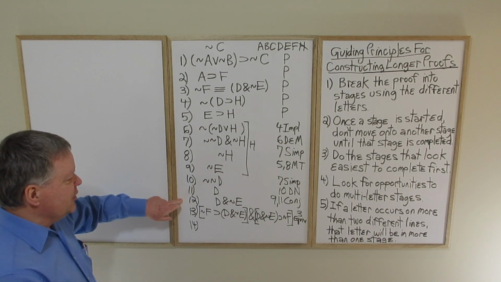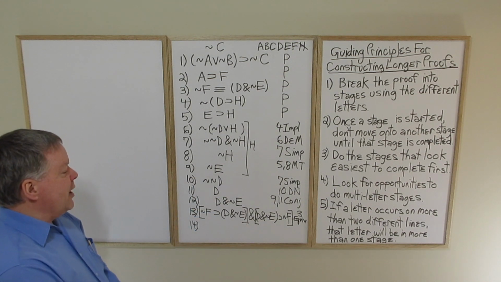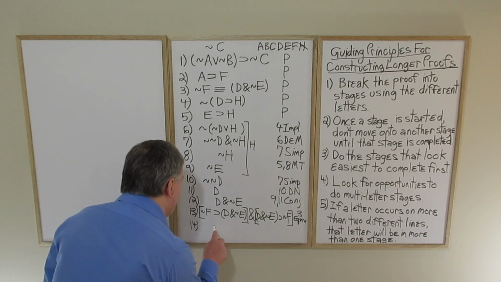Given that we have the conjunction D and tilde E, the conjunct from line 13 that is going to be most useful to us is the right one.